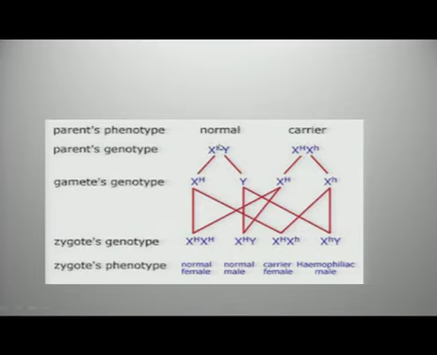The allele is represented here as capital H, linked to the X chromosome only. Here in the Y chromosome, there won't be any allele for this particular trait. So, this male individual possesses only one allele for this particular character, hemophilia.